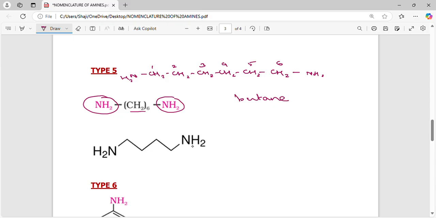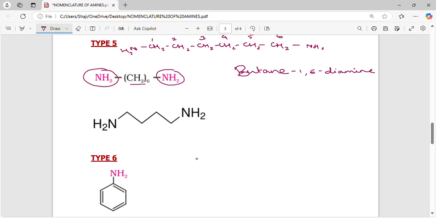Butane, the complete name of the alkane to be mentioned. Butane. And then you mention the positions of the amino groups. It is in the first and the sixth position, 1 and 6. And as there are two amino groups, we use the prefix di. Amine. Okay. Since butane is the starting letter, B is capital. Butane 1,6-diamine.